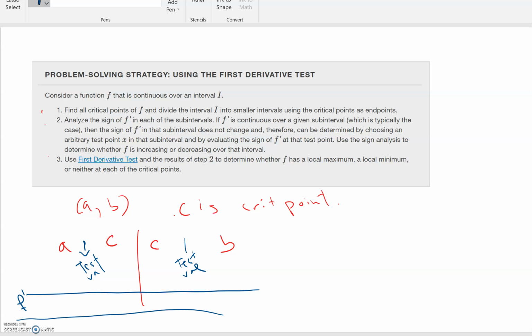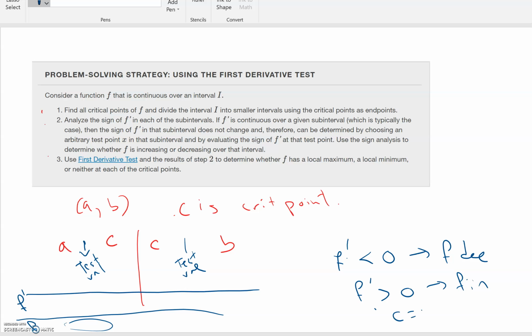Depending on the sign of f prime, we can say something about f. So if f prime is less than 0, then f is decreasing. If f prime is greater than 0, f is increasing. And the only way to go from a negative derivative to a positive derivative, if the function's continuous, is to go through a minimum.